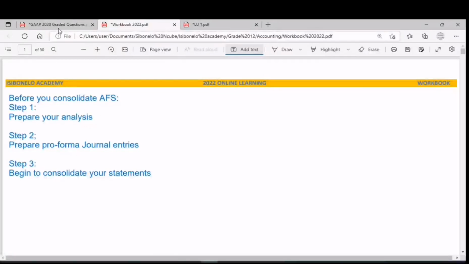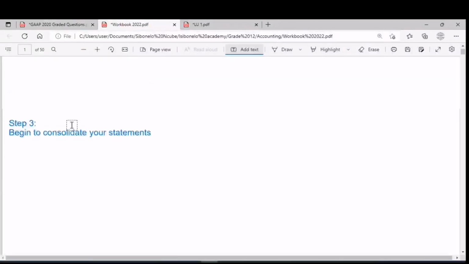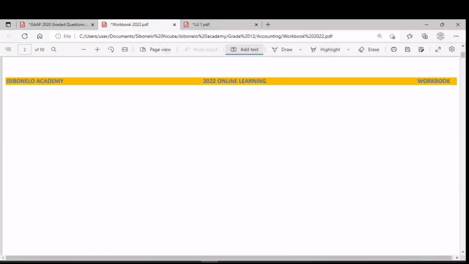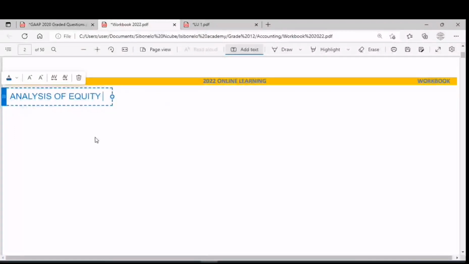So asiqaleni le question esiyenzayo, kumele siqale senze i-analysis. So siyenza kanjani-ke i-analysis? Ngizoyidweba, ngicela ukuyidweba kuleli page elisha. So uma senza i-analysis, this is the analysis. I think siyayikhumbula from FA3, sasiyenza analysis of equity. So this is the analysis of equity of SEAL Limited.